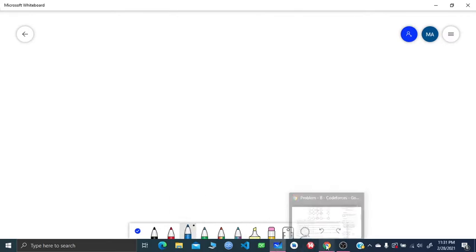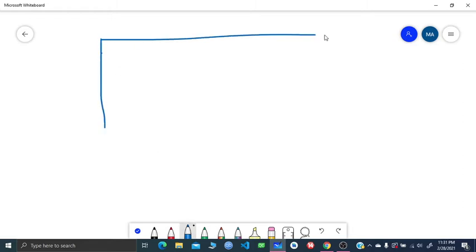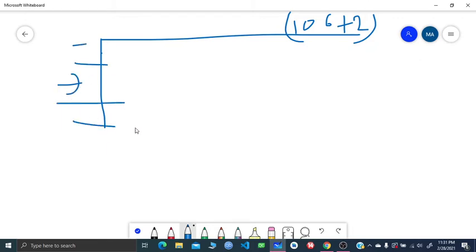Now, in this problem, you're given a grid. That grid will always have 10 to the power 6 plus 2 columns. But this n, the row, will be taken as input from you. This n will be referred to as the row, but the column is always fixed.